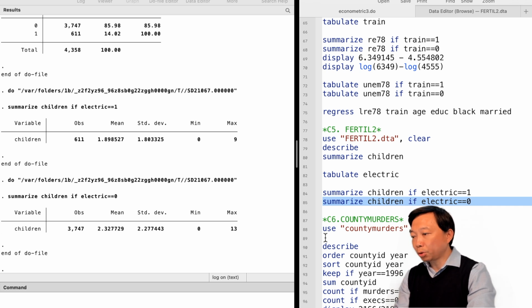These factors are also correlated to access to electricity. Without controlling for these variables, we could not conclude that electricity is the cause of a lower number of children. For example, a woman with a higher family income is more likely to have electricity in her home than a poor woman. If the wealthy woman tends to have fewer children, then the lower number of children is due to family income rather than electricity.